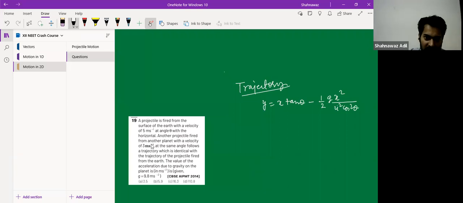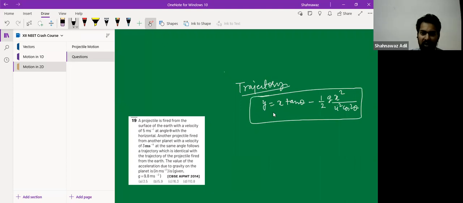So you have to use this equation, and they are saying that the trajectory is same. So x is same, your angle is same. So this is the same, only your x is same, again trajectory is same, your theta is same.